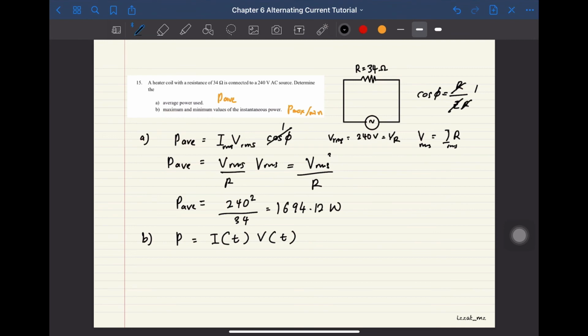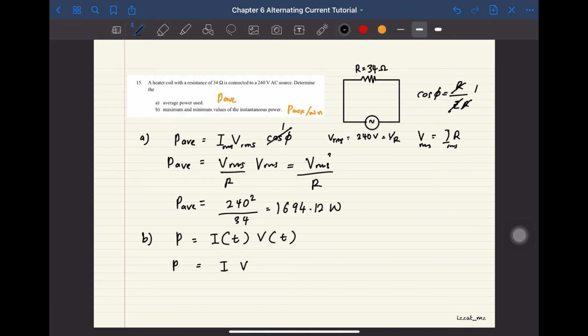Okay, if the question just wanted to find instantaneous power at a specific time, you have to use this formula. But this one, they ask you to find the maximum and minimum values.